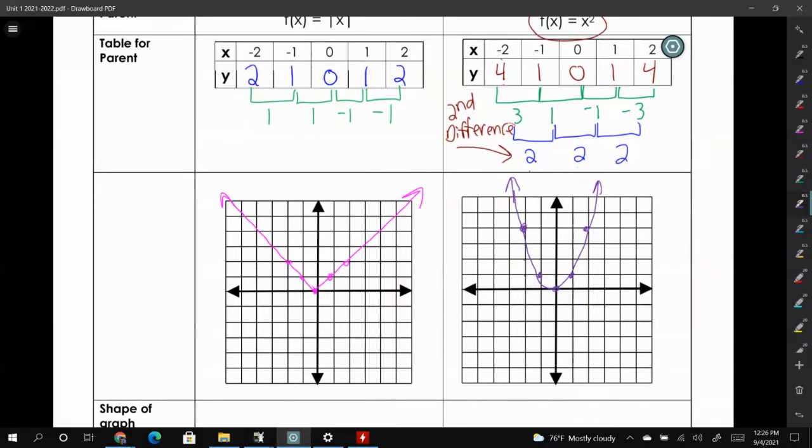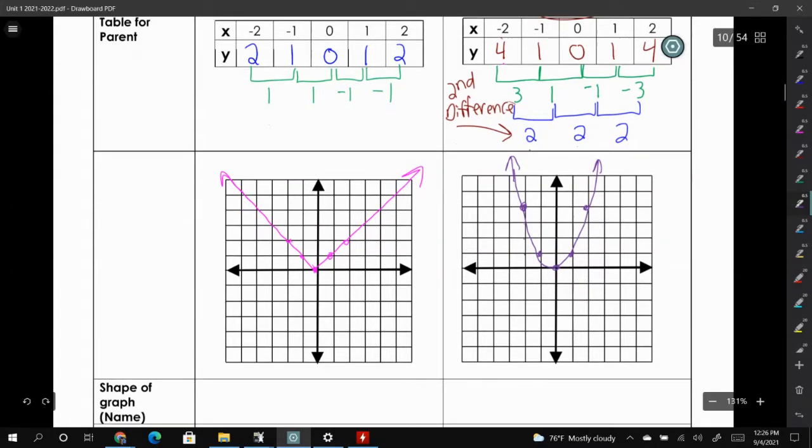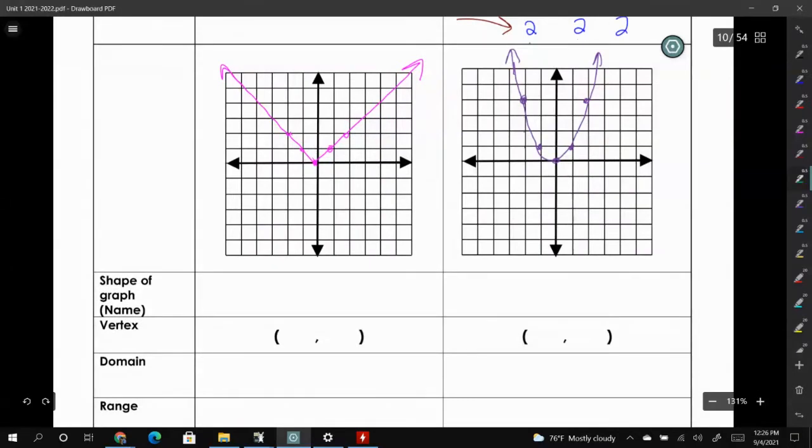And you'll notice that the quadratic function grows a lot faster. It goes up a lot quicker than the absolute value function does. So the shape of the absolute value function, that was a V shape. The shape of the quadratic function, you can call it a U shape, but the technical term is called a parabola.